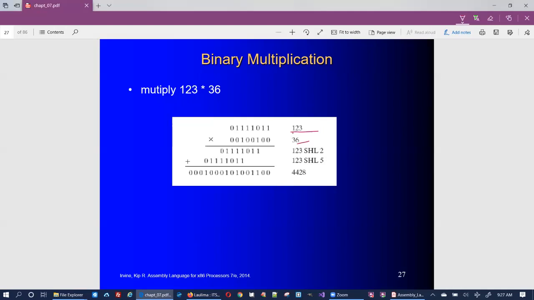So we take this 123 and shift it left 3 positions, and that's this one. This is just regular multiplication: 1 times 1 is 1, and 1 times 0 is 0.